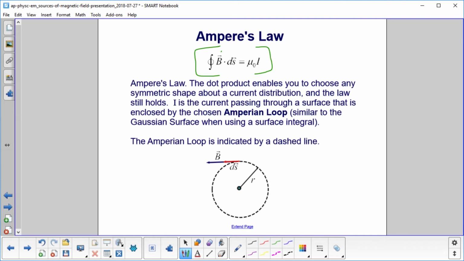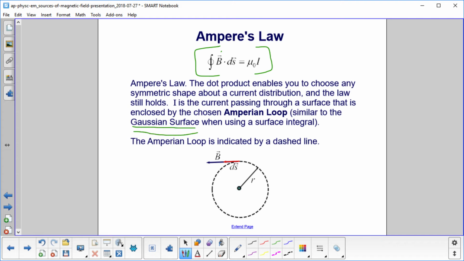The dot product enables you to choose any symmetric shape, there's that symmetry word again, about a current distribution, and the law still holds. I will be the current passing through a surface that is enclosed by the chosen Amperian loop. Very similar to the Gaussian surface when we use the surface integral.